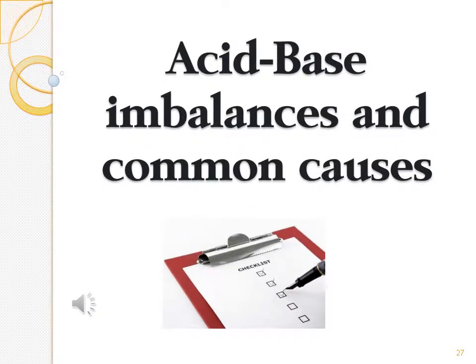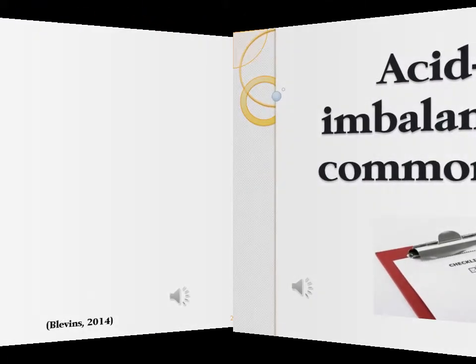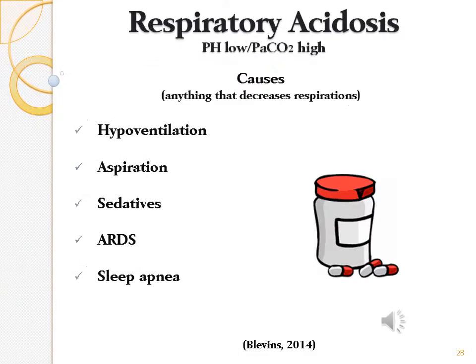Now I'm going to mention some of the causes of imbalances of the acid-base system. Respiratory acidosis: your pH is low, your PaCO2 is high. Pretty much anything that decreases respirations causes respiratory acidosis: hypoventilation, aspirations, sedatives, ARDS, sleep apnea.